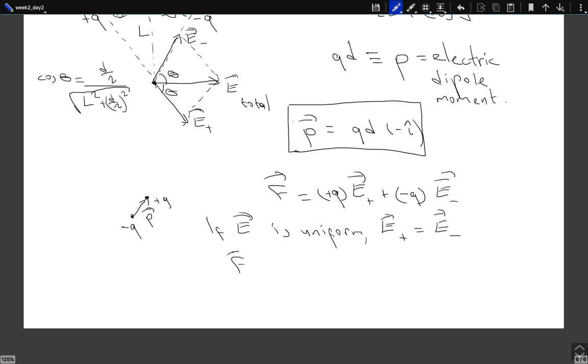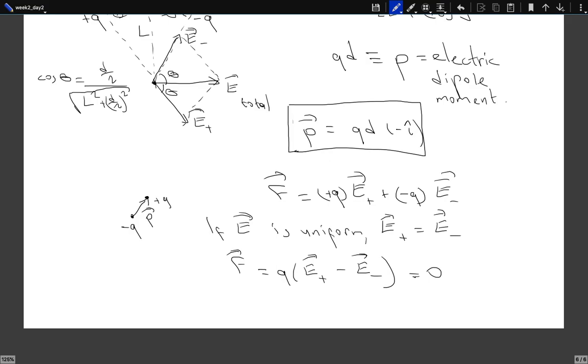So the total force that the dipole feels will be q times (E plus minus E minus), which is just 0. So the dipole doesn't feel any force in a uniform electric field.